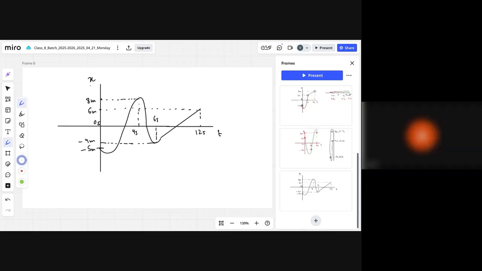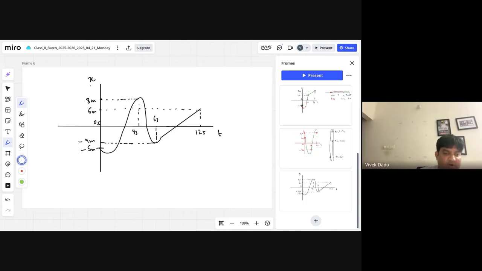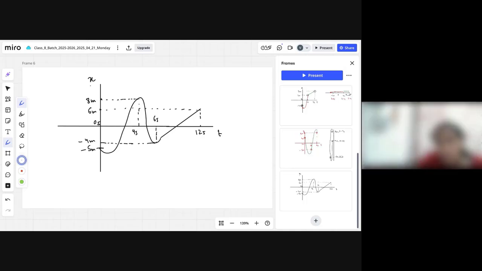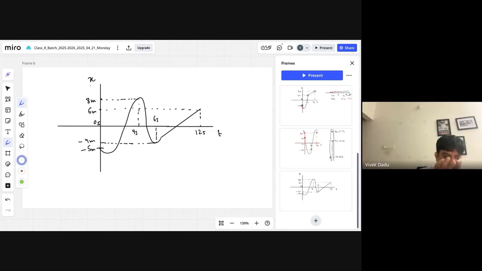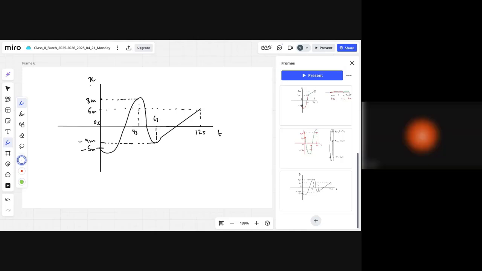The dots and all are missing. Should I resend it? Yeah, with proper dots and all, send it. That's incomplete. Sohan, correct? Who's this?